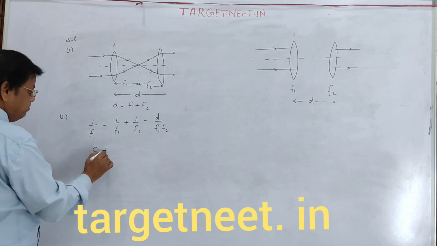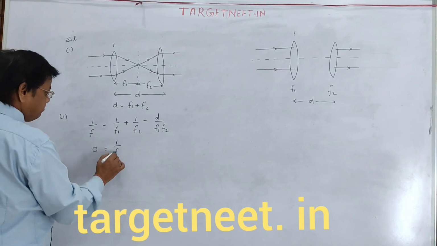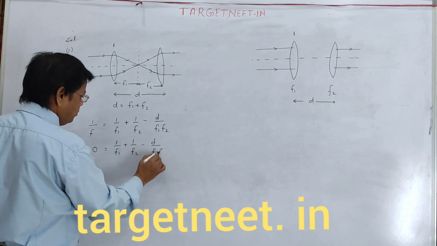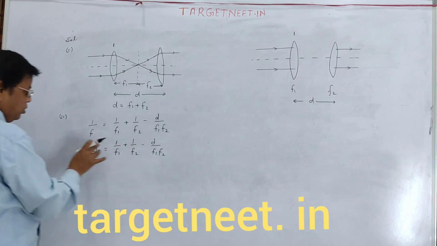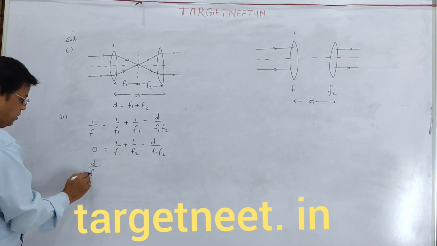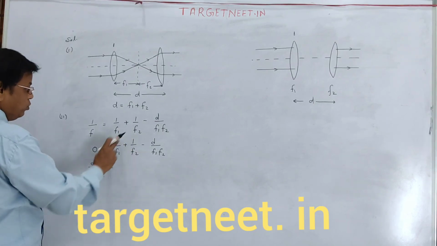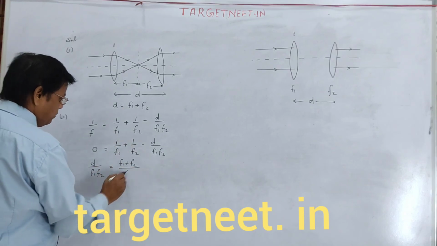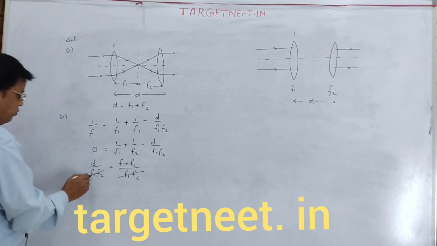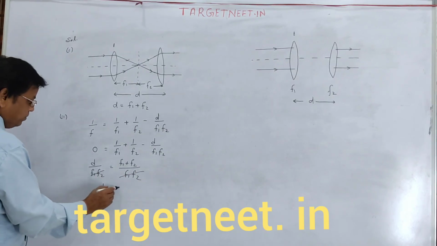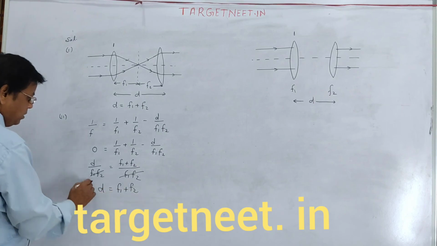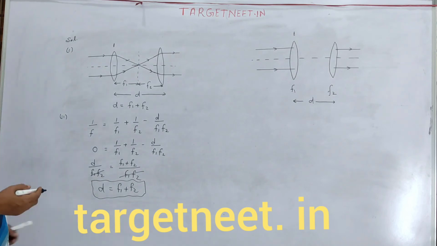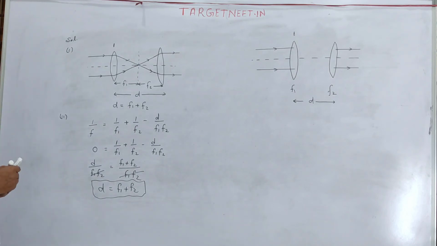So it is 0 equals 1 upon F1 plus 1 upon F2 minus D upon F1 F2. I move this to this side. So D upon F1 F2 should be equal to this, if I take the LCM, so it is F1 plus F2 upon F1 F2. Now F1 F2 cancels. So D is equal to F1 plus F2. The same result you got by solving this equation. So this is the analytical solution, and that was the diagrammatic solution of this question.